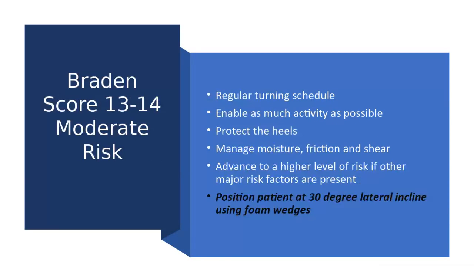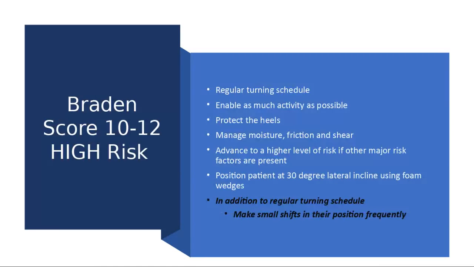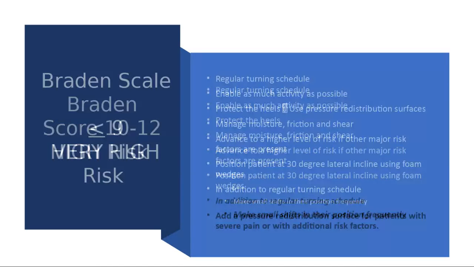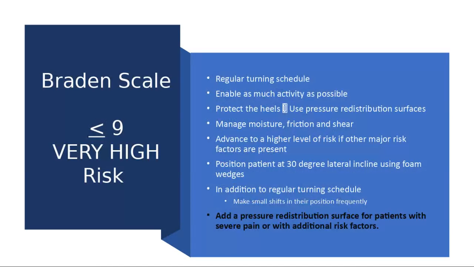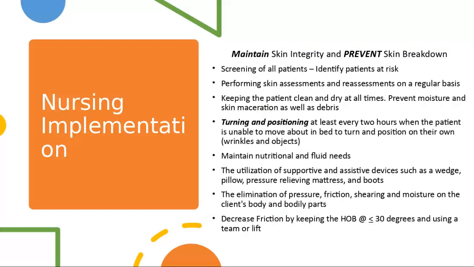I'm not going to go into all the interventions. You guys can go through that in your book, and we kind of talked about that, right? Managing their moisture, positioning their extremities, those type of things, using the devices, using the beds. We talked about the different beds available.